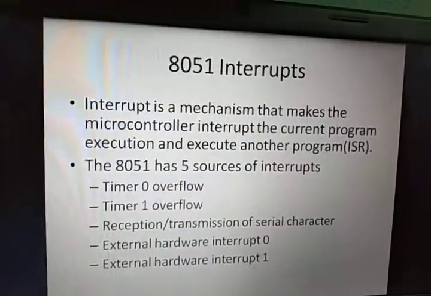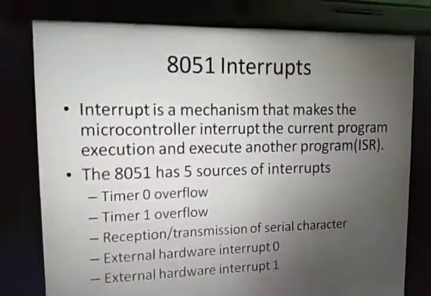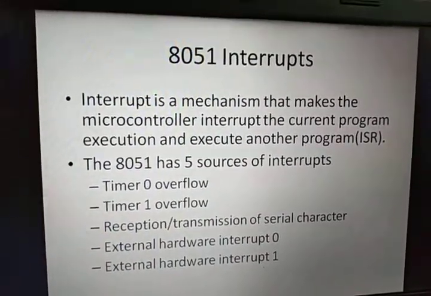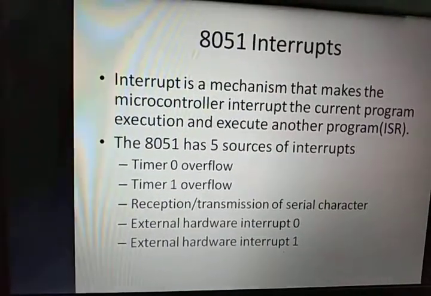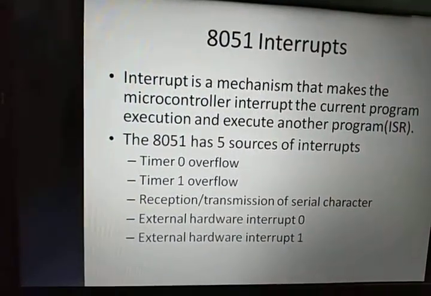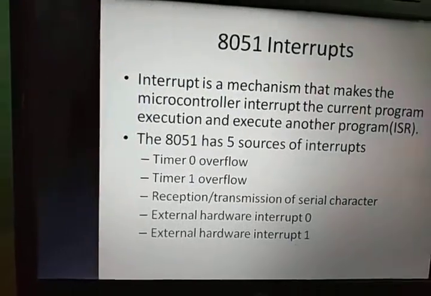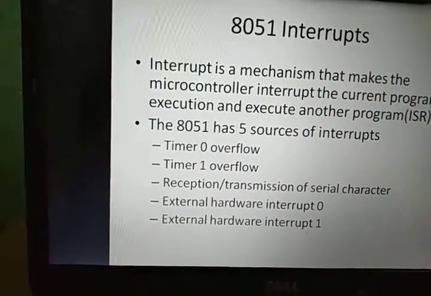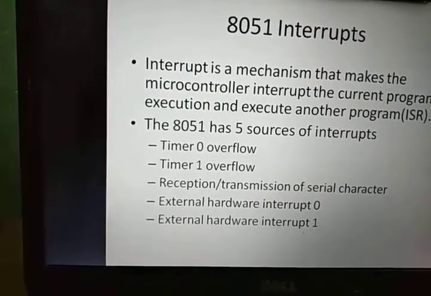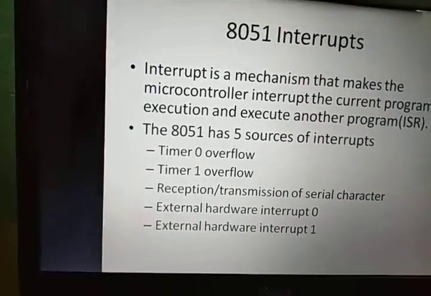So the fourth one is 8051 interrupts, and there are 5 sources of interrupts for the 8051 controller. So when timer 0 overflow occurs, when timer 1 overflow occurs, on receiving or transmission of a serial character, and the external hardware interrupt 0 and external hardware interrupt 1.